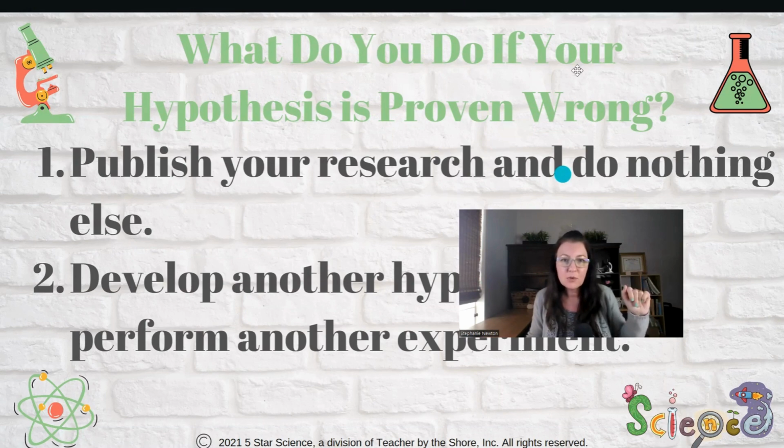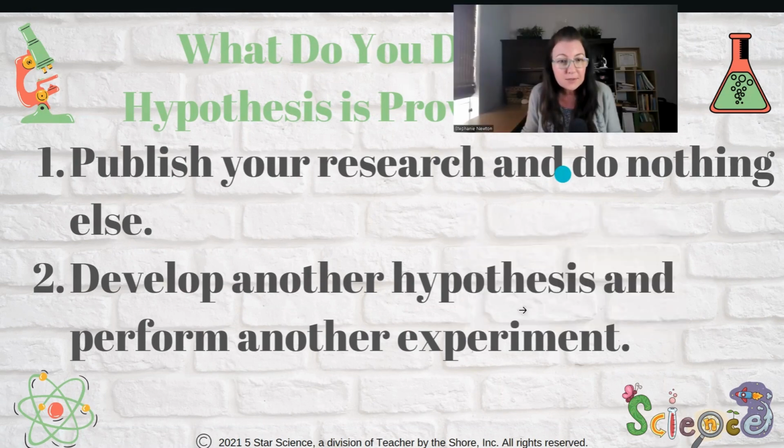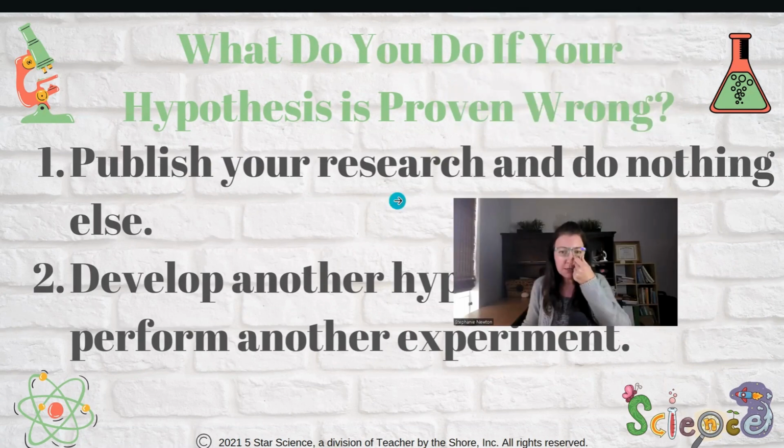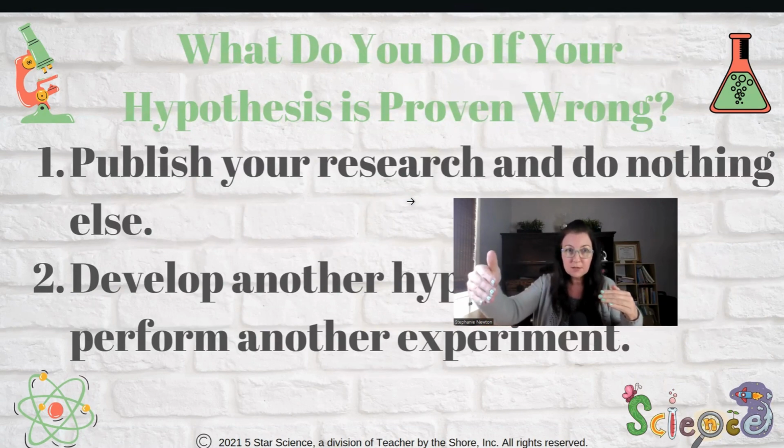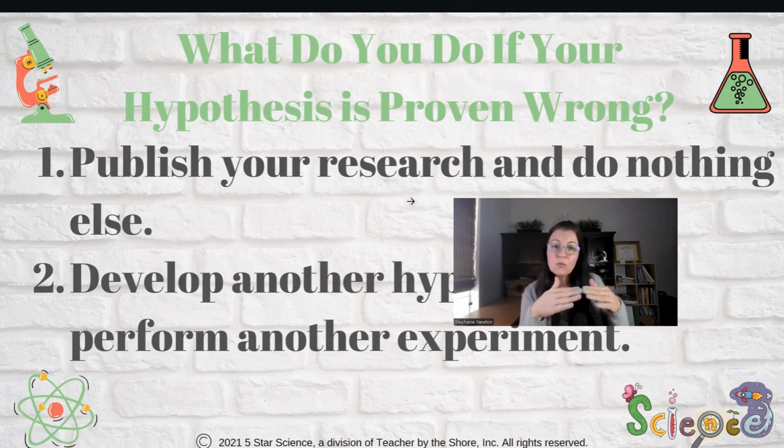The other thing you can do is develop another hypothesis, something completely different, and perform another experiment. Okay, so in the situation with the frogs, let's say you did not prove anything. So it's not the chemicals, it's something else. You could publish your research because that helps future scientists who want to study this to see what scientific experiments have already been done.